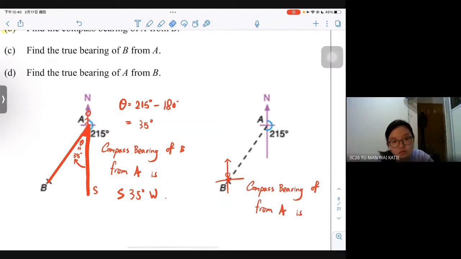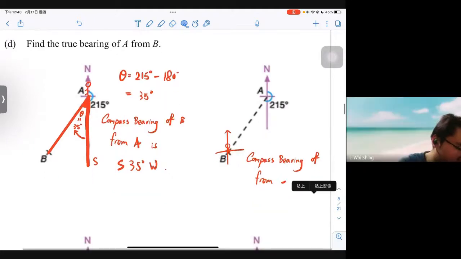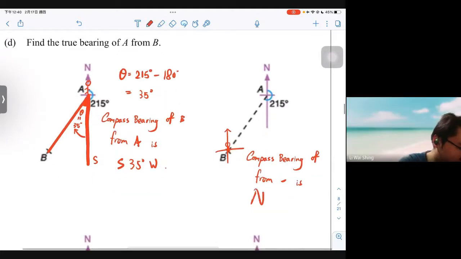North 35 degree east. Very good. Okay, thank you so much. So of A from B, looking from B, you're talking about this angle, so north 35 degree east. Why 35 degree? Because you found that in part A already.